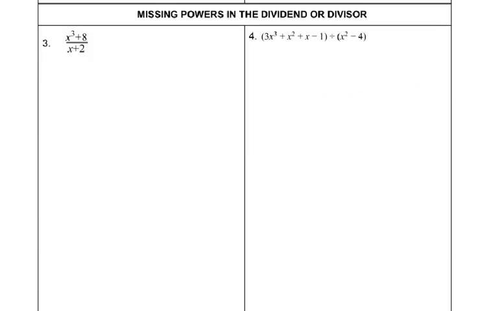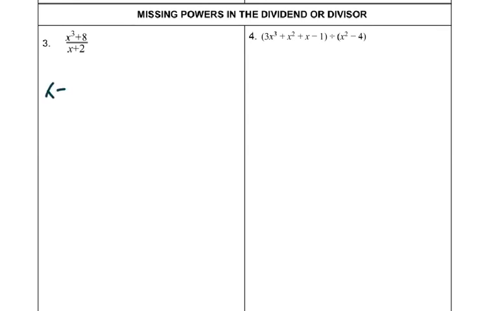Sometimes you're going to have missing powers in the dividend or the divisor, which means, if you need to take a note, you need to replace all the missing powers. Just like in the following manner.